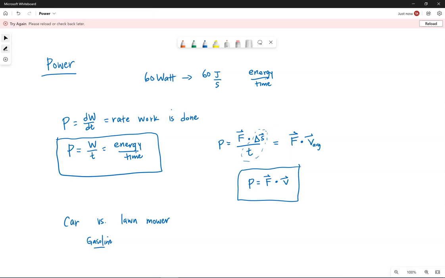It has a lot more functions, essentially, that it's doing. It's not only moving, but it also has air conditioning and the radio. It's also going to move much faster, which means a lot more kinetic energy. Not only faster, but it's more massive. So, silly example, but it's still the same concept.